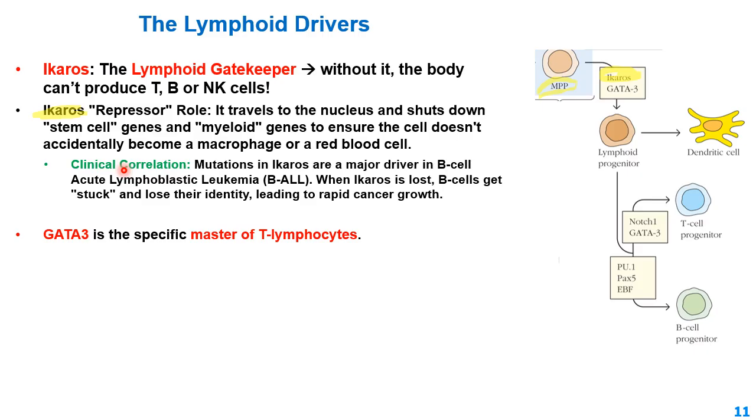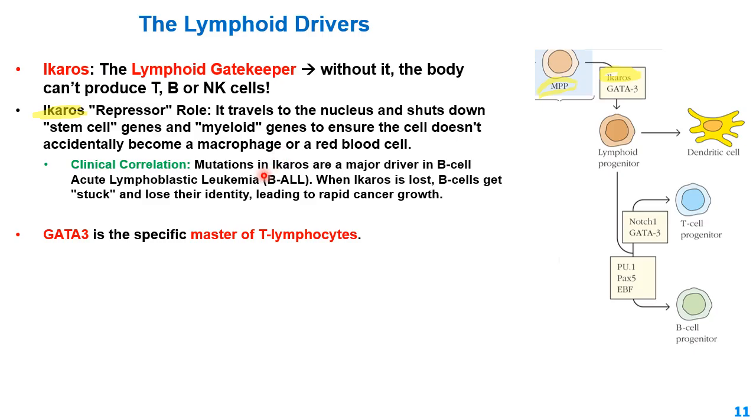What are you going to get out of the lymphoid? B cells and T cells, natural killer cells. So here I put a cool clinical correlation, okay, that is actually quite detrimental in case you have some problem in the gene that is expressing Ikaros. If you have mutations and Ikaros is not expressed well, this is one of the cases in which you can develop a type of leukemia, which is white blood cell cancer, okay?